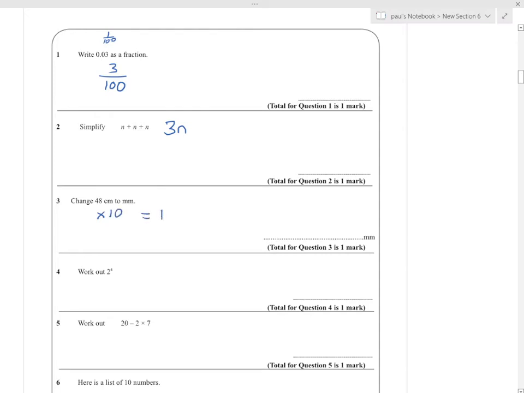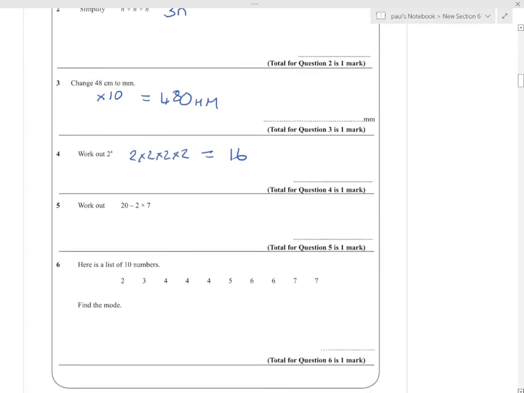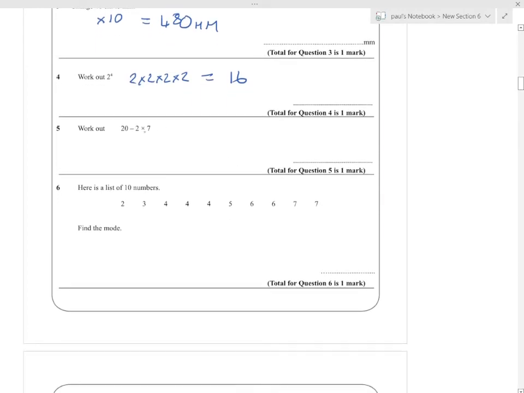That gives us 480 millimeters. 2 to the power of 4 is 2 times 2 times 2 times 2, which is 4, 8, 16. 20 minus 2 times 7, BIDMAS. So do the multiply before you do the subtract. So 2 sevens are 14, so you've got 20 minus 14, which equals 6.